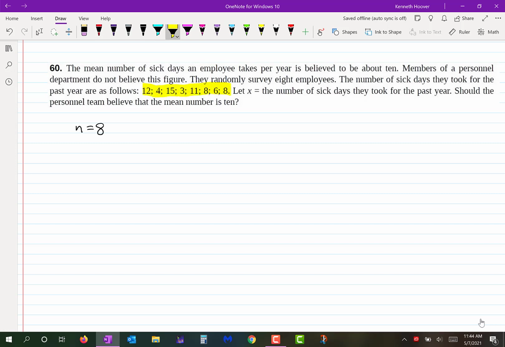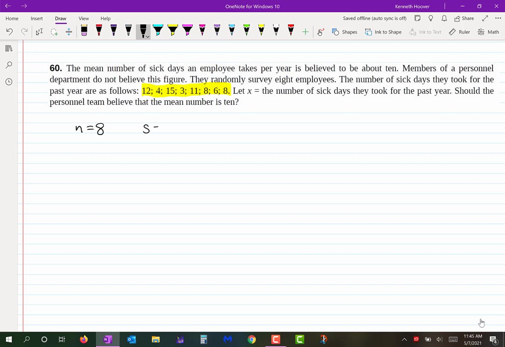Okay, so in this one, we actually do have some work to do. First of all, they didn't tell us the standard deviation of the population, so we don't know sigma. So we're going to have to use S, the standard deviation of the sample instead.